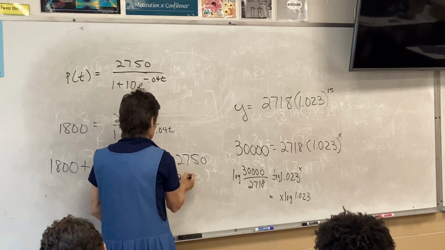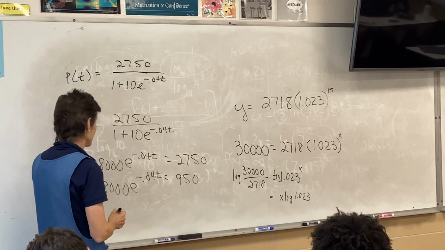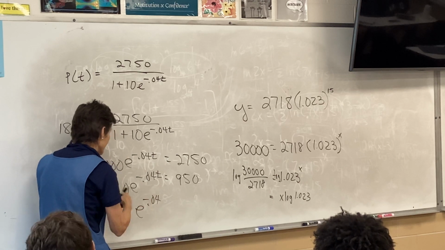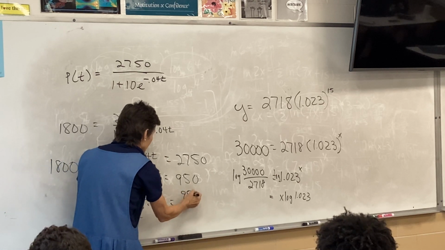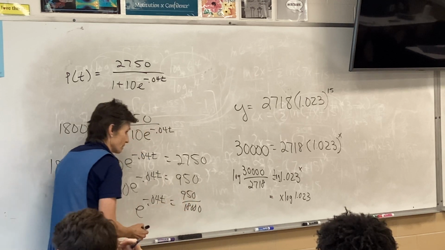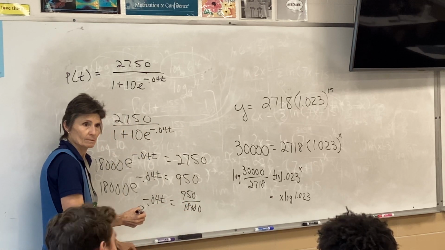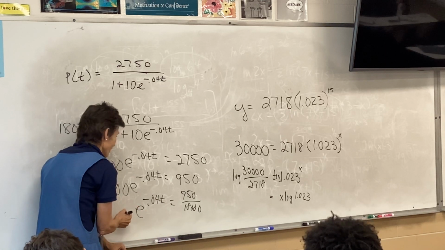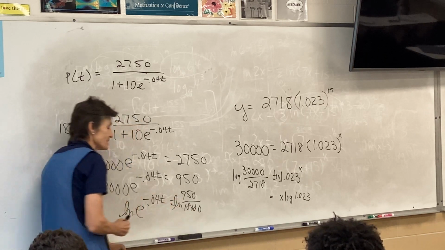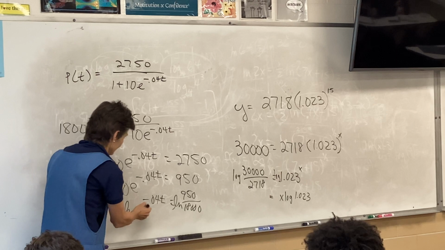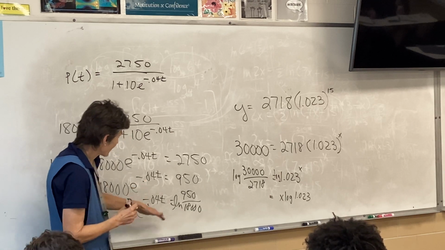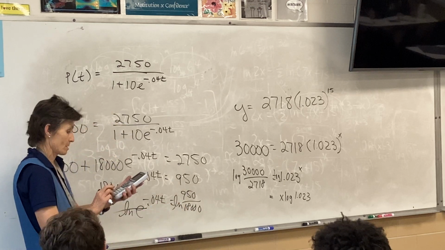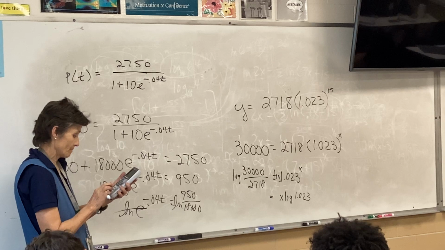Where is that, 950? Keep an eye on my arithmetic, please. Then we'll divide by the 18,000 number. Alright, so we take the natural log of both sides. So aren't I gonna take ln of this fraction divided by negative 0.04? And that should be my answer.